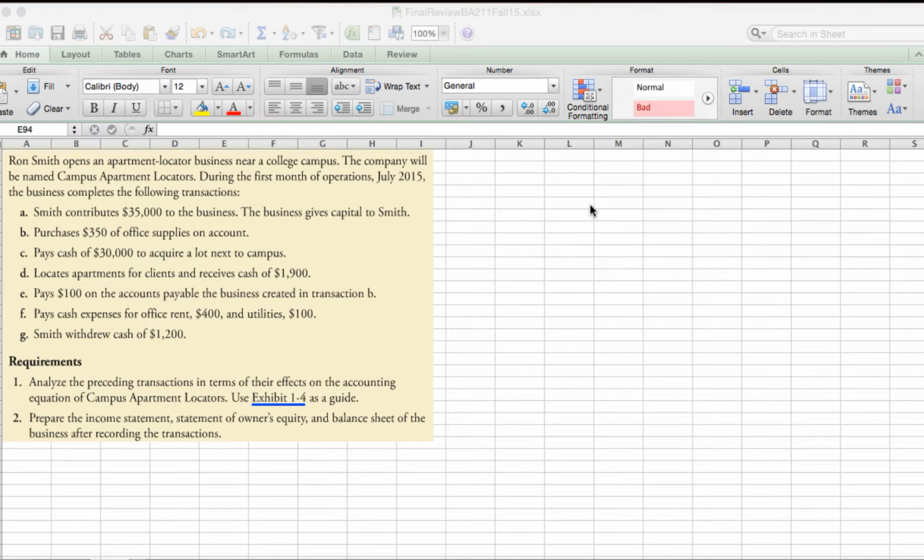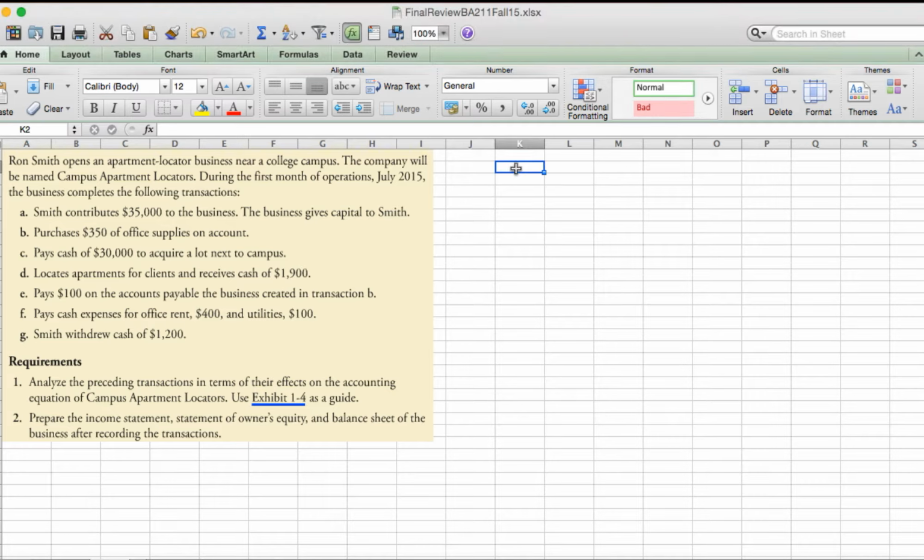Going back to the beginning of the semester, remember the first thing that we talked about was the basic accounting equation. For this question, it's basically asking us to look at these individual transactions and write how they would affect the basic accounting equation.